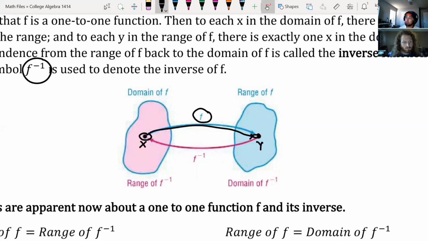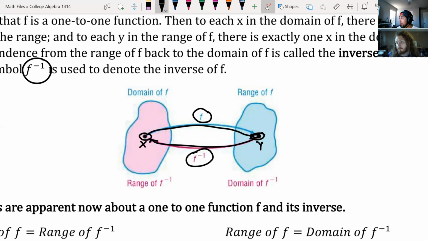Since it's one-to-one, there is a y value in the range of f that can have an x value in the domain of f. So the correspondence to get from y back to x, we use the inverse. To get from x to y, we use f. To get from y back to x, we use the inverse.